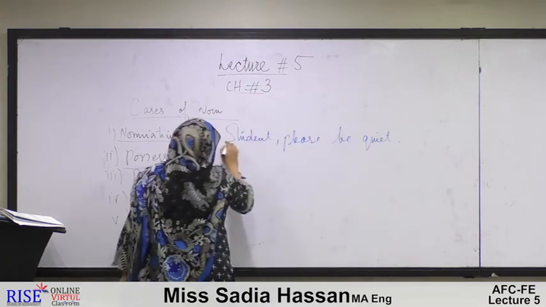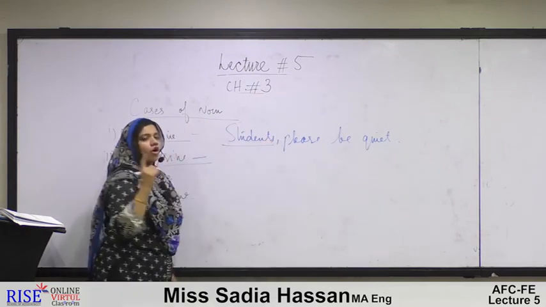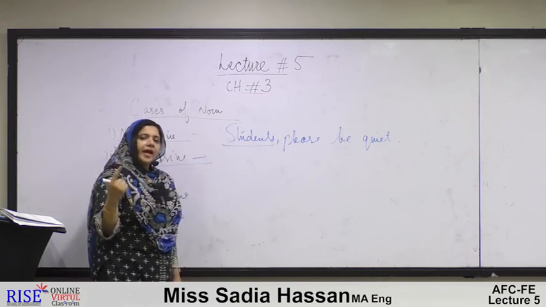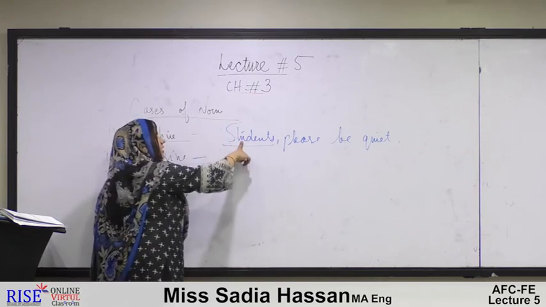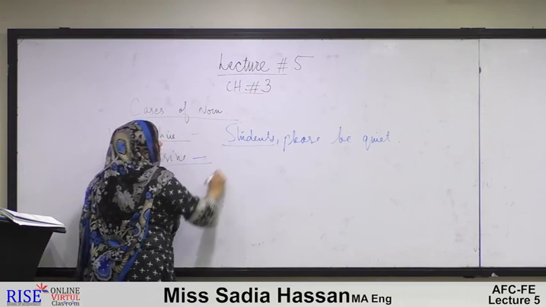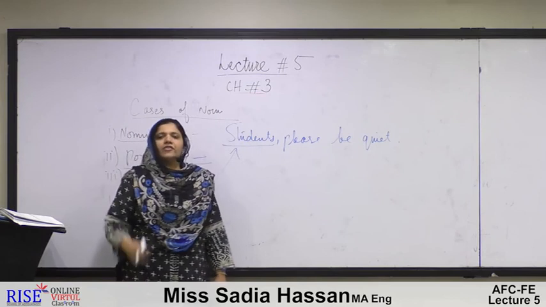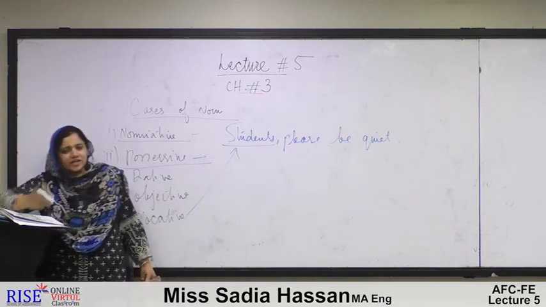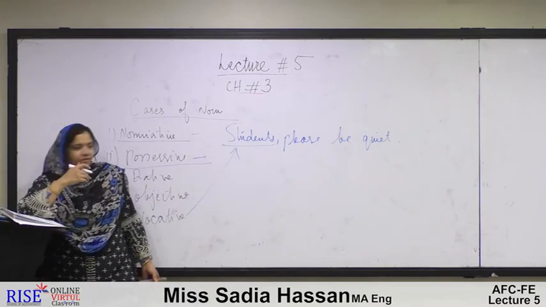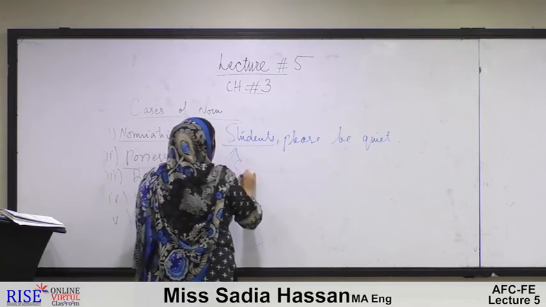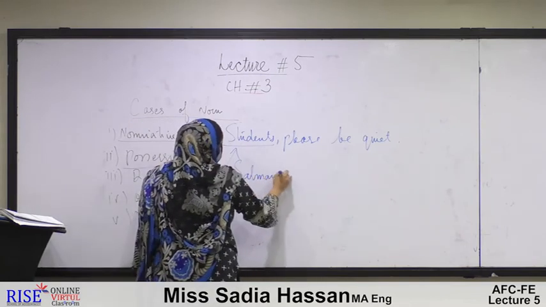Here, students are not being used as object. Rather, they have been addressed. Whenever a noun is being addressed, that particular case is called vocative case. If I call Salman, please listen to me or be attentive, Salman will be called vocative case.